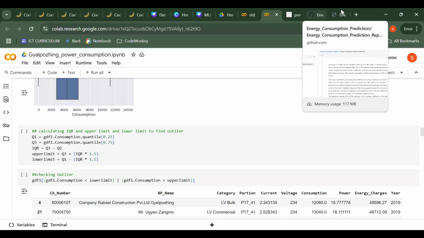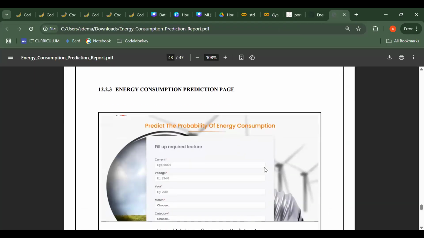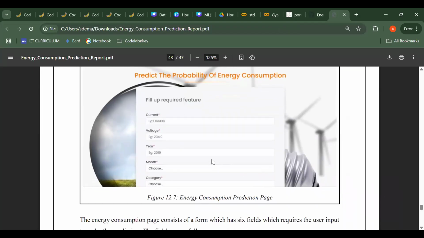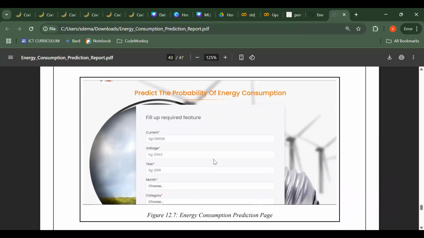You can design the website or whatever, and draw a Google form.